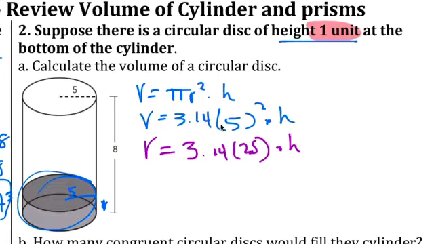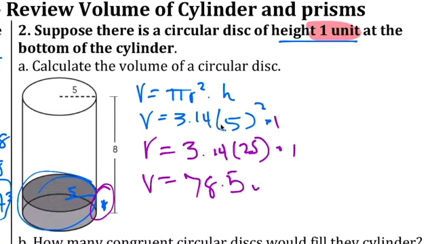We multiply all of them together. In this case the height is 1. The height of it is 1. When you multiply it together, you get 78.5 units cubed.